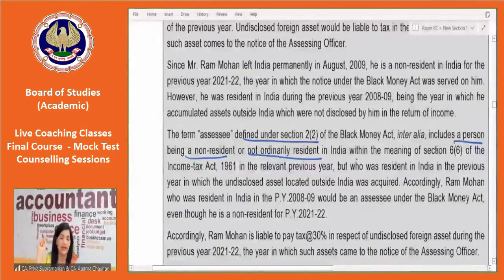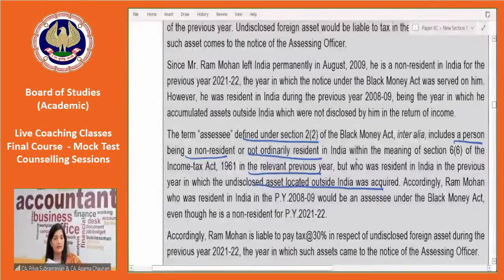You have to go to the Income Tax Act to determine the residential status first. If the person is non-resident or not ordinary resident in India in the relevant previous year, but was resident in India in the previous year in which the undisclosed asset located outside India was acquired, then he is an assessee.